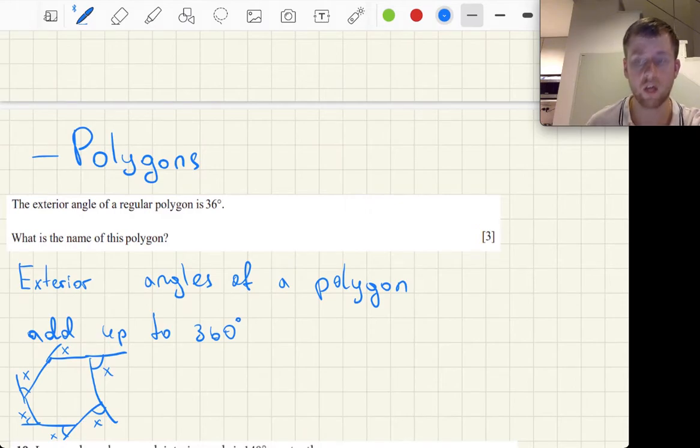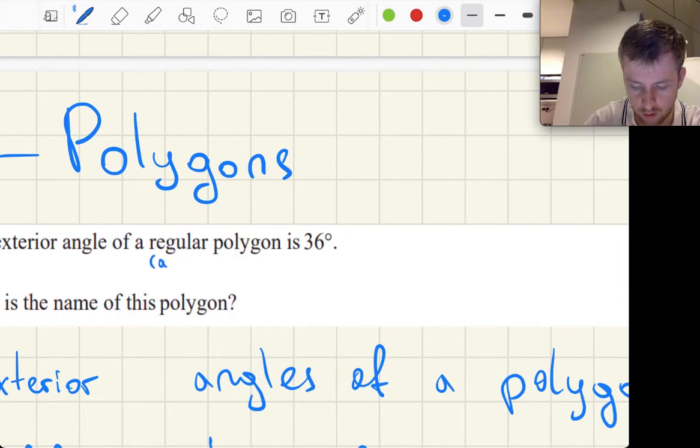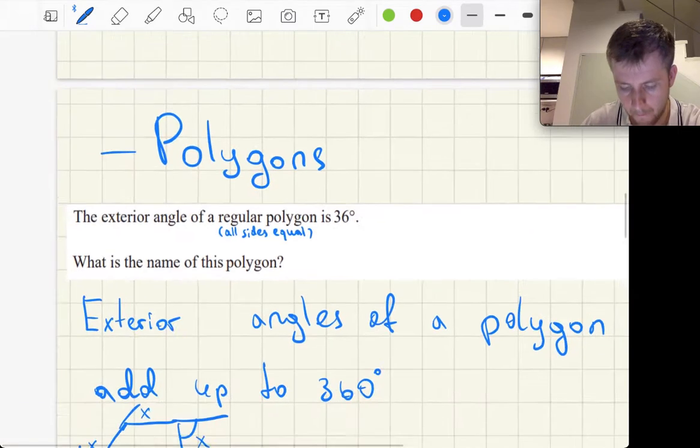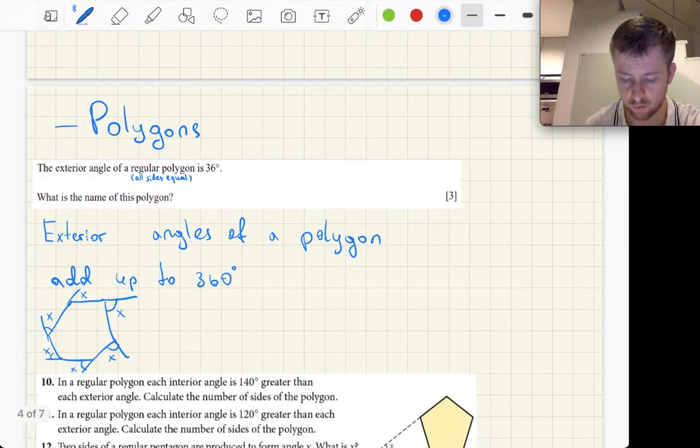So you can see that if one angle is 36, and this is a regular polygon, regular means all sides and all angles are equal, yeah? If each of these angles is 36, we know that they add up to 360 always.